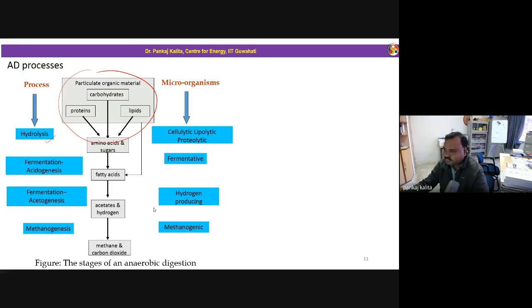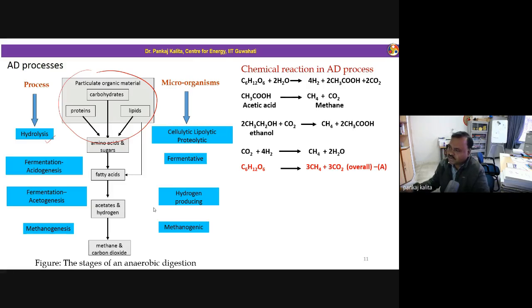Also we must know the chemical reactions involved in anaerobic digestion. Here glucose is converted to acetic acid in the presence of H2O, and we get 4 moles of hydrogen, and then we have acetate and carbon dioxide.